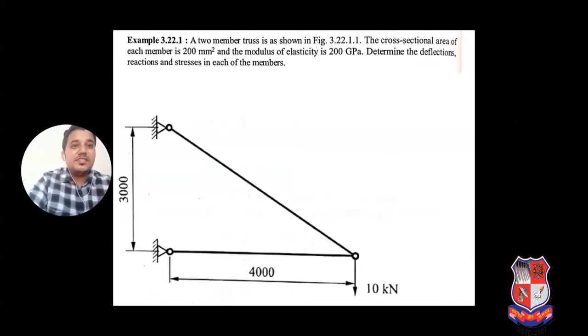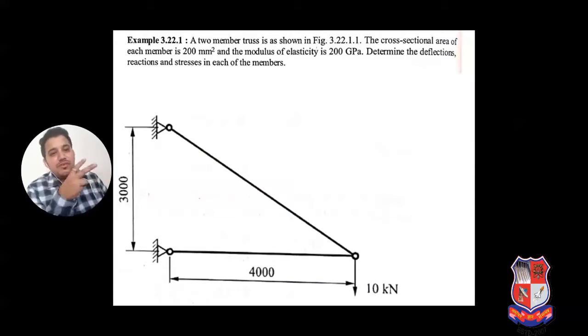Determine the deflections, reactions and stress in each and every member. Deflection means Q, reaction means R, and stress we have to find for each element. As we observe, there are only 2 elements.